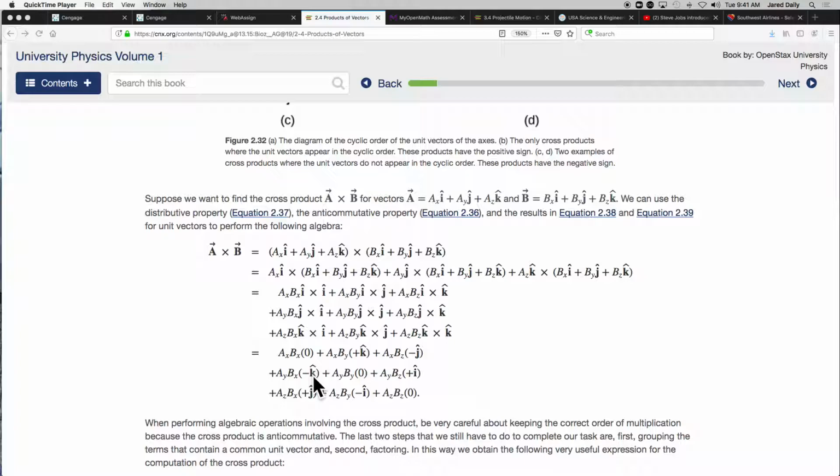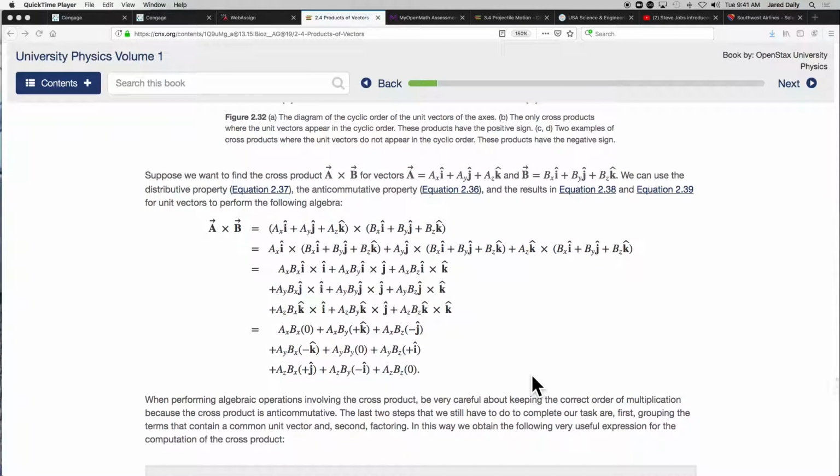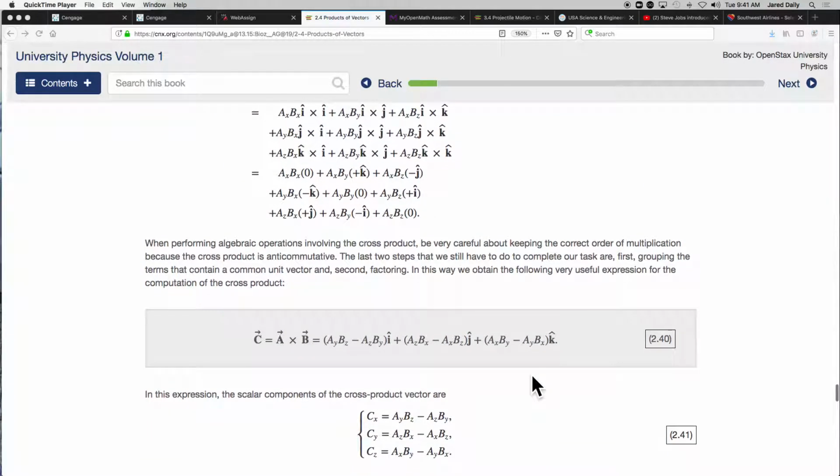And in the end, we're going to have 3 terms. We're going to have an I hat term, which is going to come from this term and this term. We're going to have a k hat term, which is going to come from this term and this term. Then we're going to have a j hat term, which is going to come from this term and this term. So in the end, this is the formula.